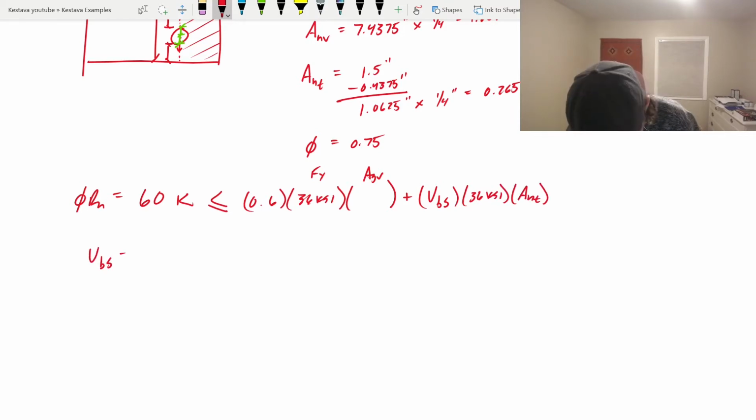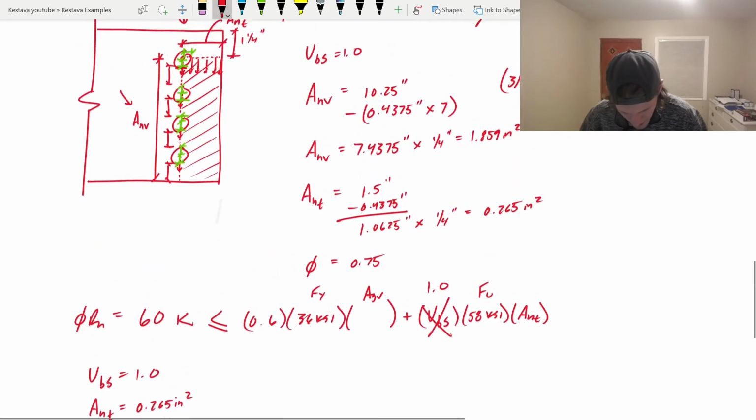So UBS we know is 1.0, easy, that goes away. ANT we know is 0.265 inches squared. Awesome, that's known. Oops, quick mistake here. This is Fu. It's 58 ksi, sorry. Fu. So AGV, that is what we need to know.